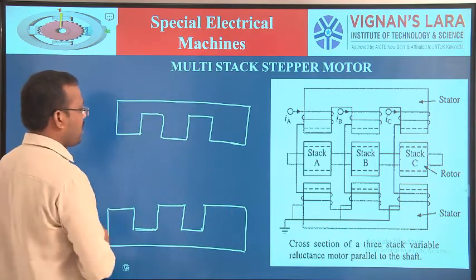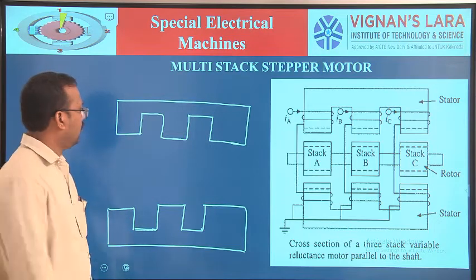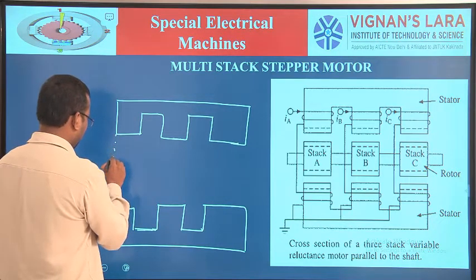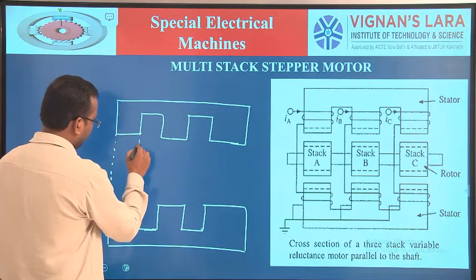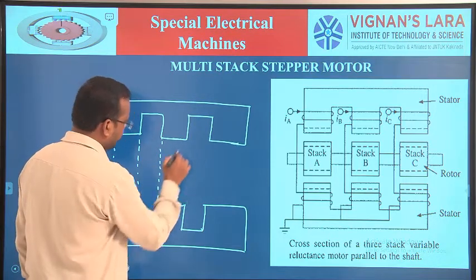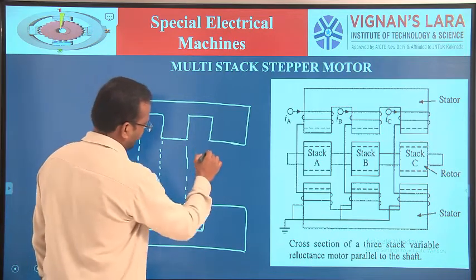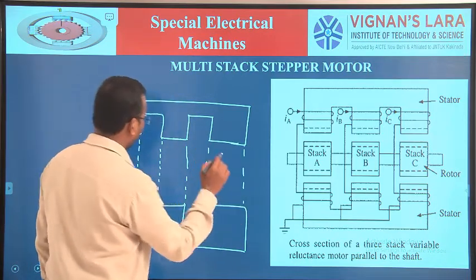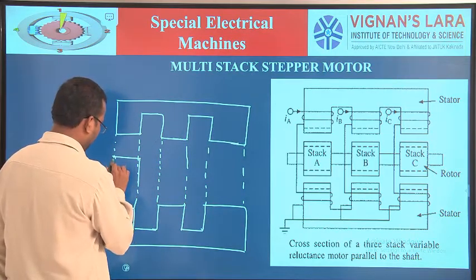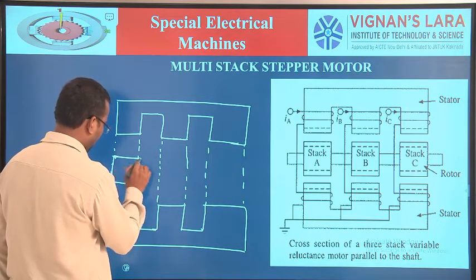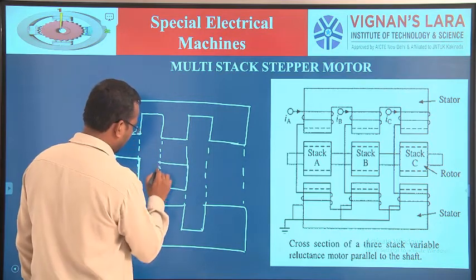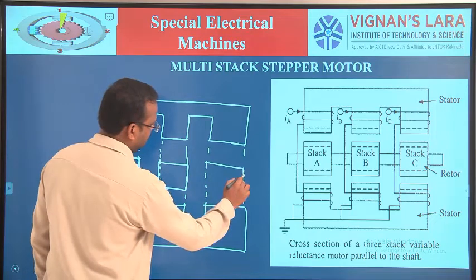This is stack A, then stack B, then stack C. Now we have stack A, stack B, and then stack C.